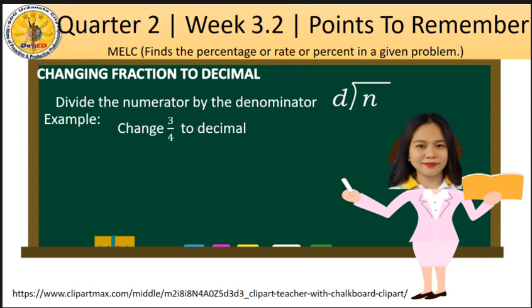Let's go ahead and divide the numerator by the denominator. We cannot pull a whole group of 4 out of 3, so we need to extend with a decimal and zeros. Bring the decimal straight up.